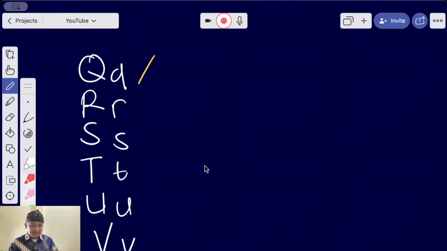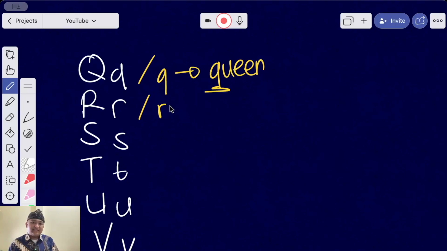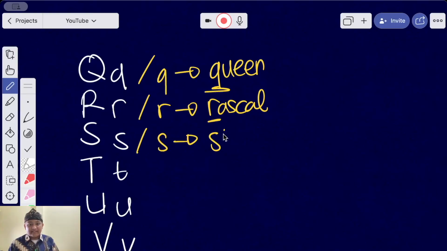The Sundanese read it as either key or Q, as in queen. This is R, the R of rascal. This is S, the S of start.